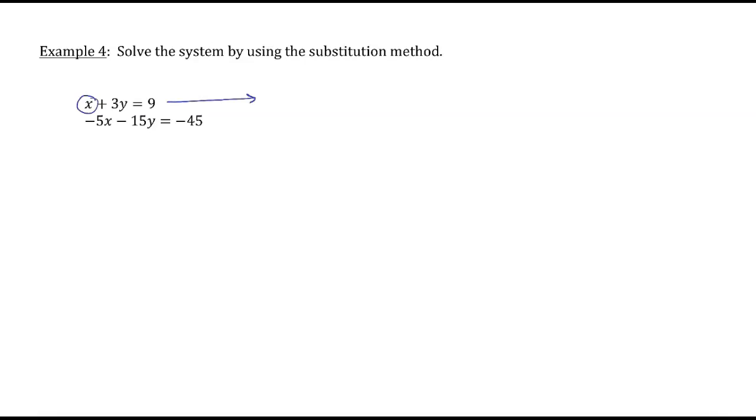Subtracting 3y from both sides, we have x equals 9 minus 3y, and we've isolated one of the variables. Now we can substitute that in for x in the other equation. So instead of negative 5 times x, we will write negative 5 times (9 minus 3y). Let's simplify and solve for y.